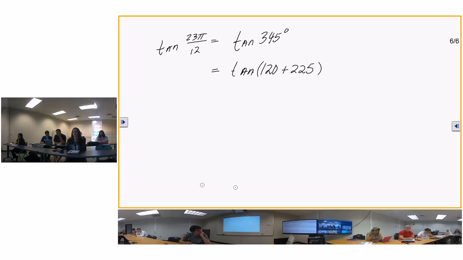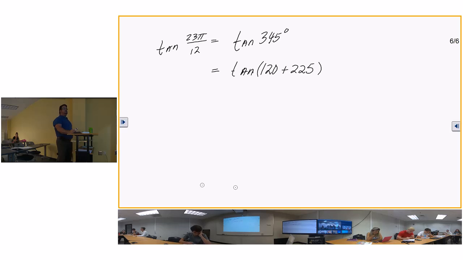Now, why do you have to be careful on this one? Because you're not in Kansas anymore. You're not in the first quadrant anymore. Where are you? The second and the third. You're in the second and third, so you got to be careful on your signs.